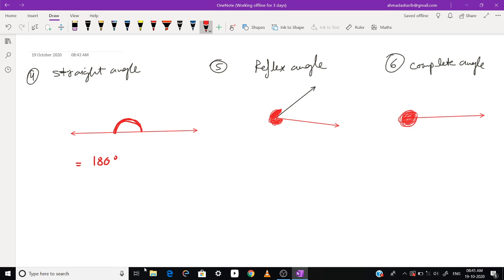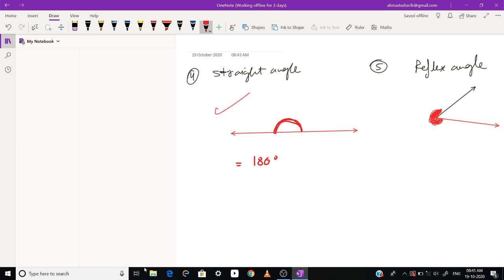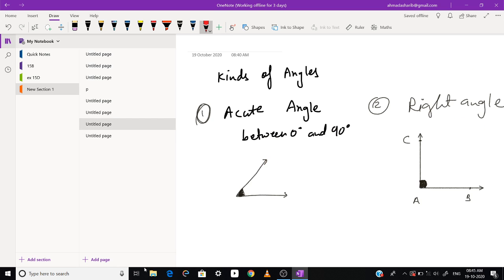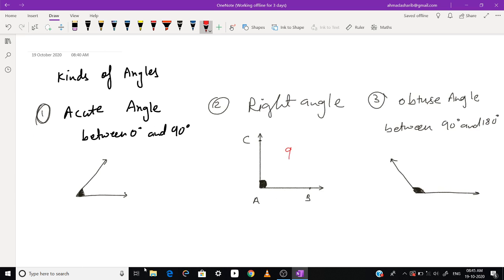So there are three angles whose degree is fixed: the straight angle, which is 180 degrees, the complete angle, which is 360 degrees, and the right angle, which is 90 degrees. So this was the basic introduction.